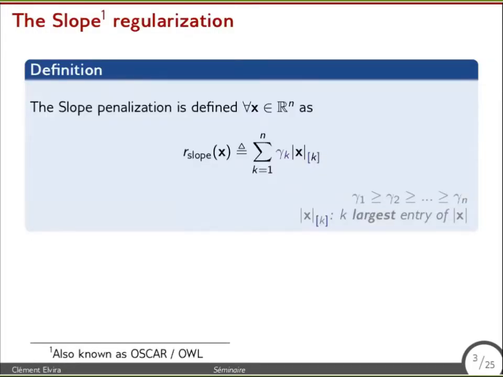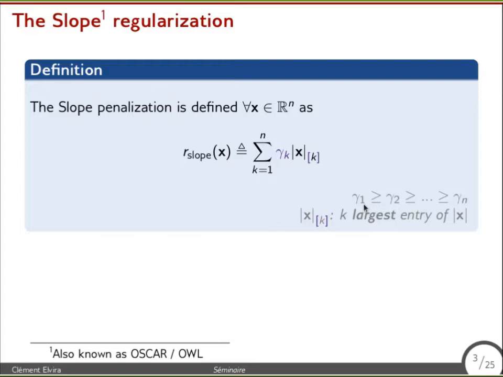Again, I will be a bit fast on this slide. My notations, which are again different, are as follows. The slope regularization in x is defined as the sum of the weighted sorted entries of x in absolute value, and the weights will be denoted gamma 1 until gamma n, and I assume that gamma 1 is the largest one, larger than gamma 2, and so on.